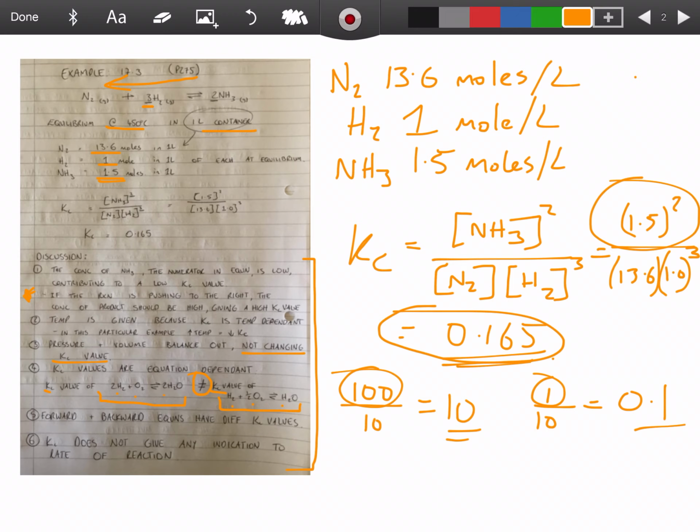And then finally, the equilibrium constant value doesn't give any indication of the reaction rate. It's telling me in what direction the reaction is moving, but it doesn't tell me how fast that's happening at all. Okay, so that's a different thing altogether.